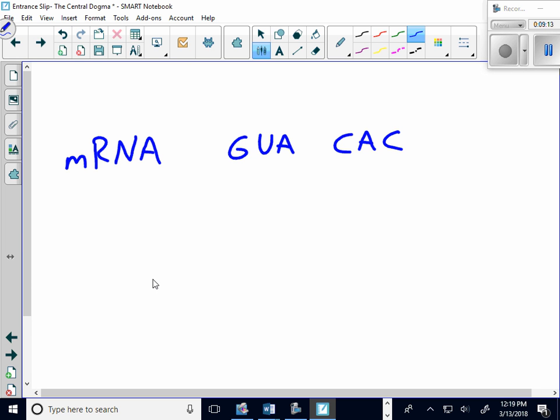If I'm given mRNA, what do I do next? I find the protein, right? Because mRNA translates into the protein. Could I go the other way and get the DNA? Yeah, let's do that. Let's do both of them.